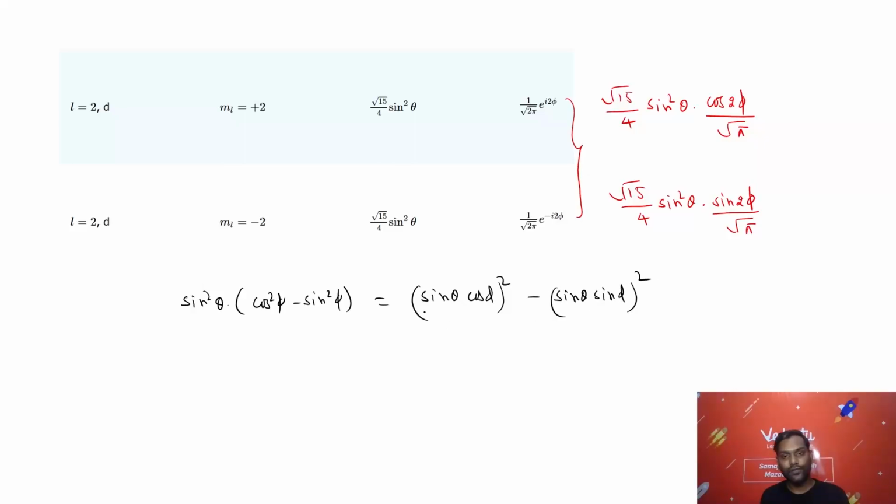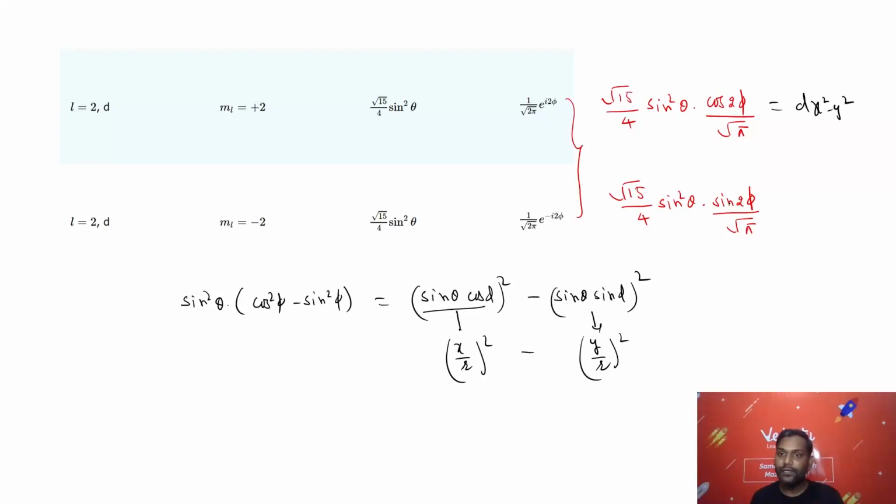Sine theta cos phi can be replaced with x upon r, and sine theta sine phi can be replaced with y upon r. One more time, r square will be cancelled out, so you are left with x square minus y square. So this is representing d x square minus y square.